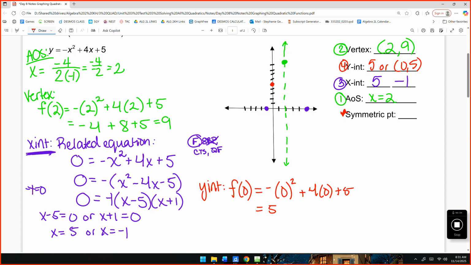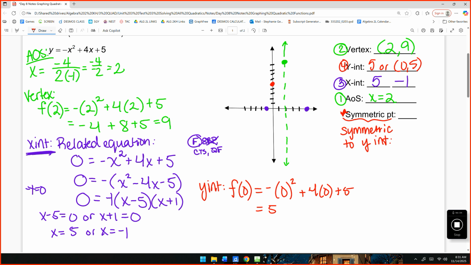Now, symmetric point, what does that mean? Well, these graphs are full of symmetric points. So which one are we talking about? When we write symmetric point on here, we're talking about the point symmetric to the y-intercept. So basically, to get this point, I'm going to reflect the y-intercept over the axis of symmetry.